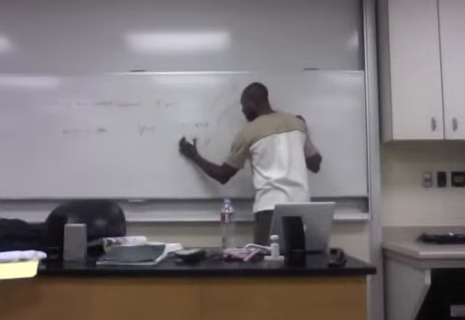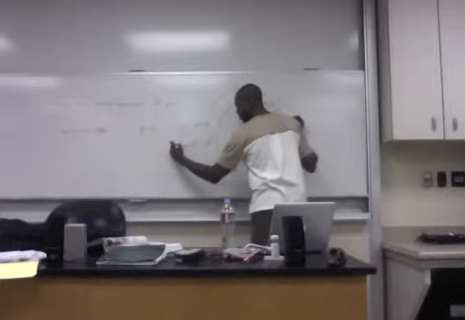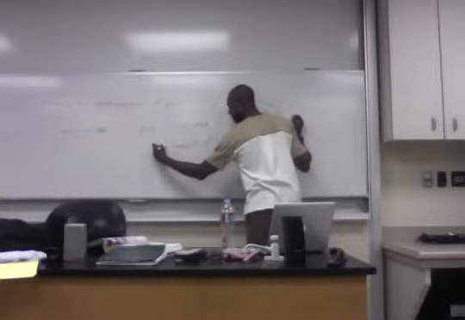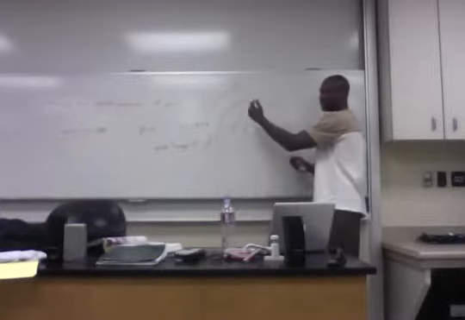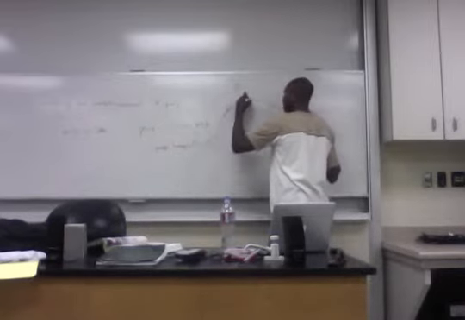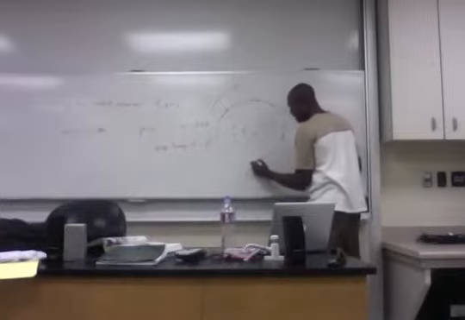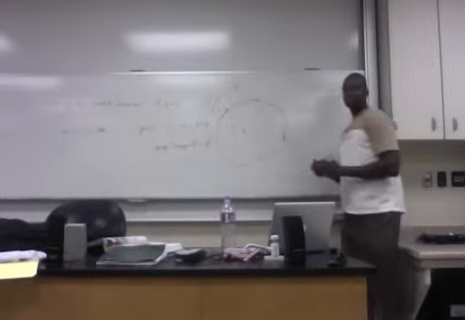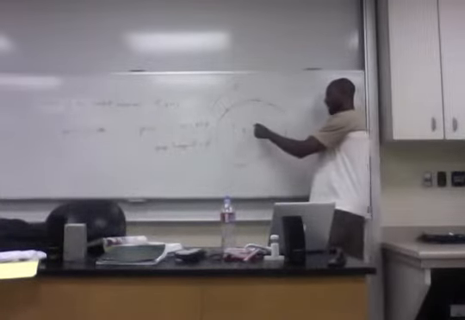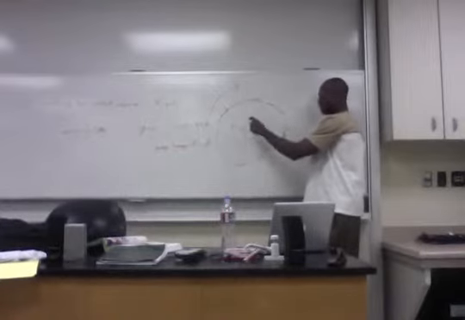So 0 would have no tangential speed. So VT, tangential speed, is basically the outside speed, the tangent speed, the tangent velocity.